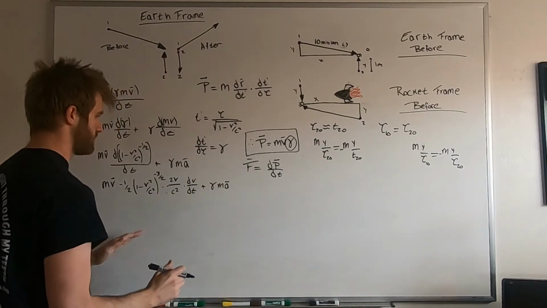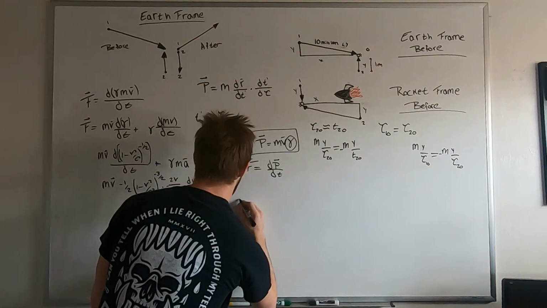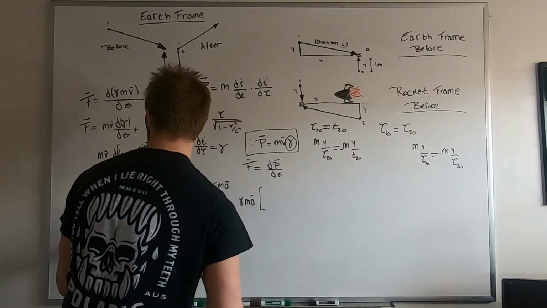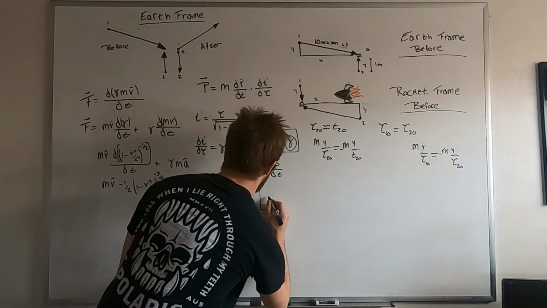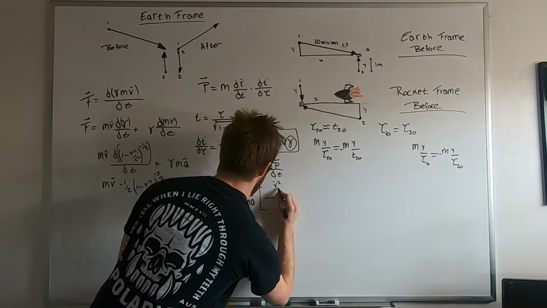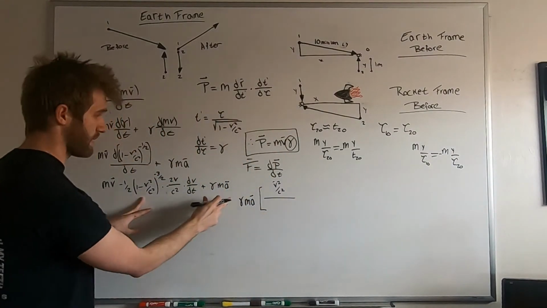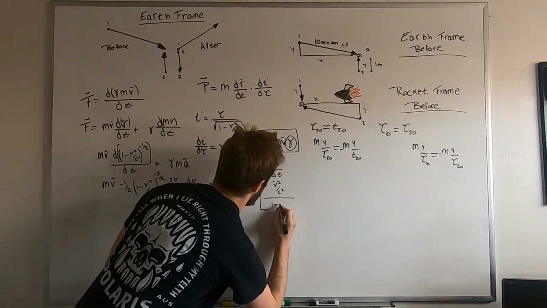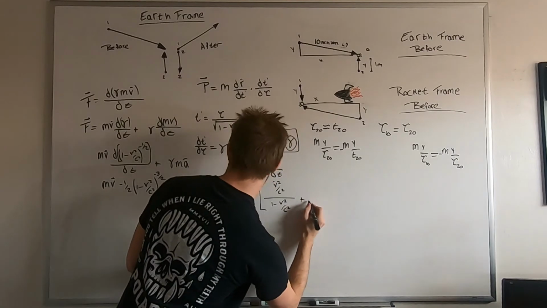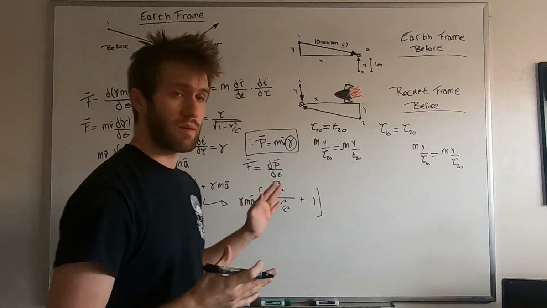So over here, we're going to have our gamma ma, where now these cancel, and we have v squared over c squared over, remember we're factoring out a gamma, so this just becomes 1 minus v squared over c squared raised to the 1 plus 1 here. Okay, so that works out perfectly.